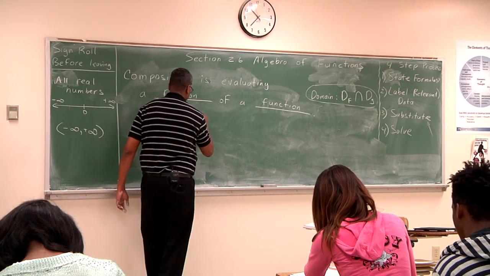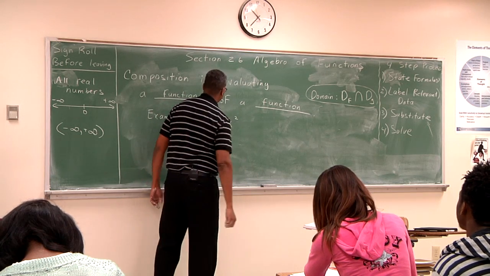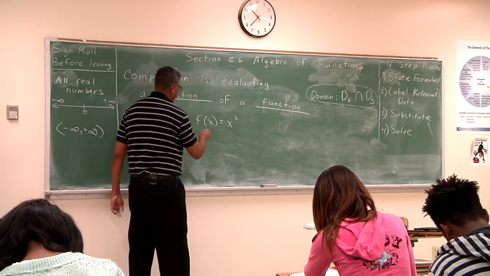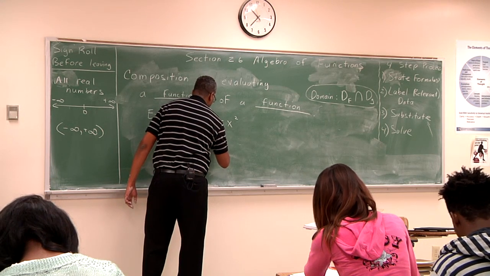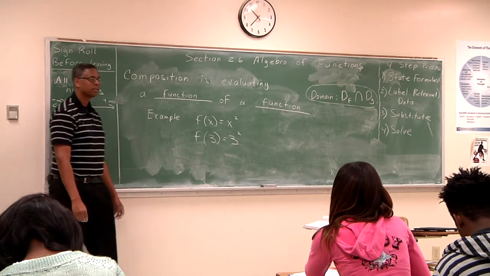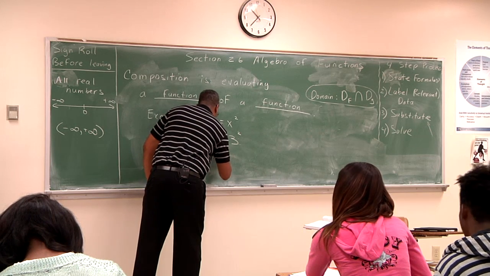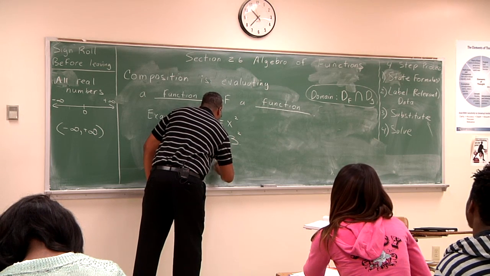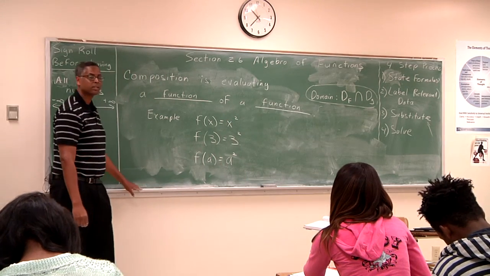When we had, say, f of x equal to x squared, we're used to evaluating f, say, at the number 3, that's just going to be 3 squared, correct? We're used to evaluating f at some other variable, let's just call it a, and that's going to be a squared, correct?